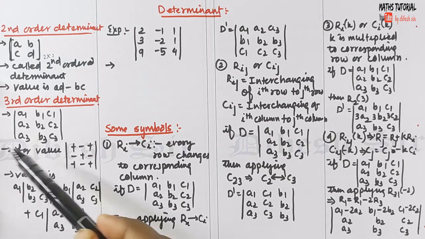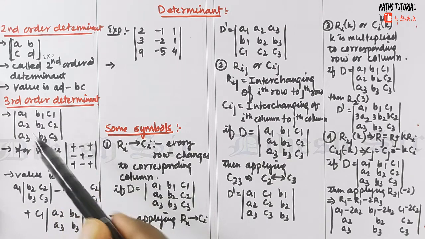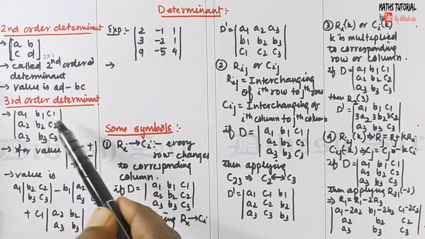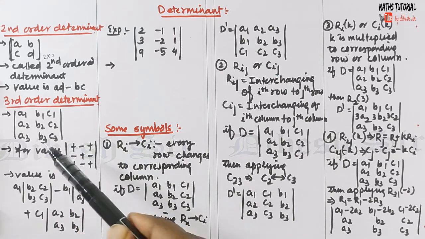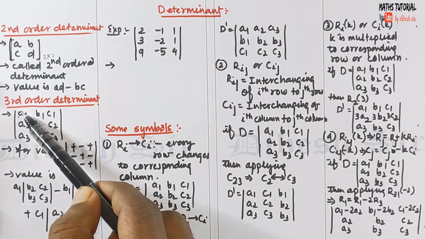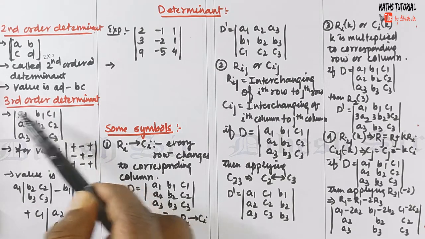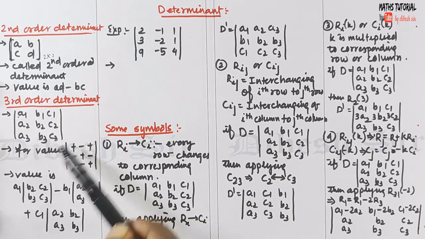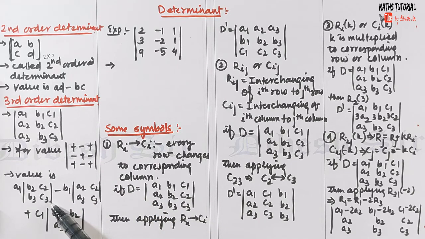Okay, so let's start. First you can find the determinant using first row, that is plus A1, close corresponding row and column, will get B2 C2 B3 C3.